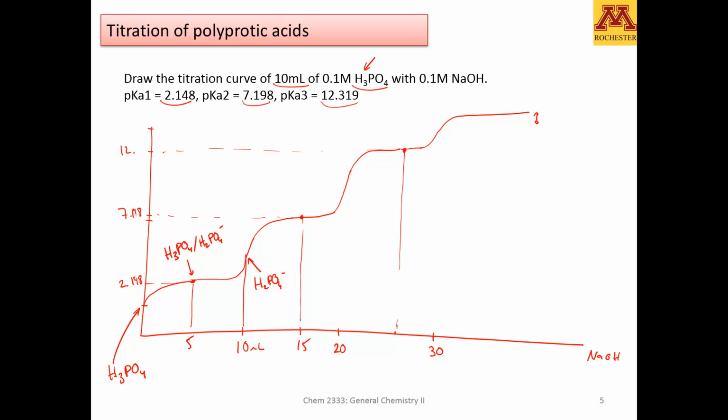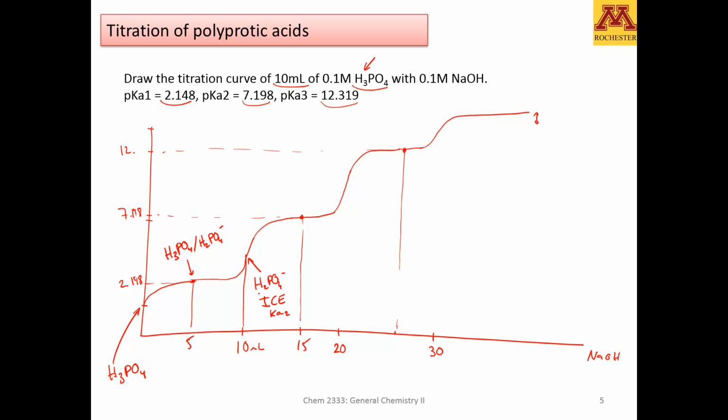Well, it's a base with respect to phosphoric acid, it's an acid with respect to this one. How do we calculate the pH here? Well, the long way to do this is using the ice table. Dihydrogen phosphate is an acid, so one should be able to use the ice table using the Ka2 corresponding to the acid, but there's a shortcut.